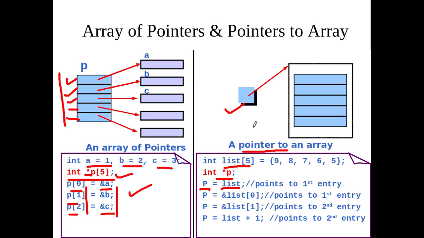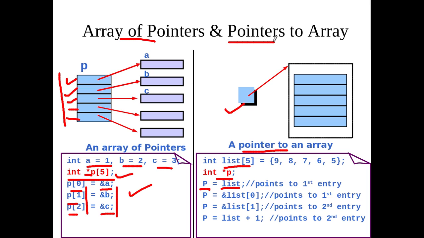So a pointer to an array is basically a single variable that contains the address of some array. So this is the difference between array of pointers and pointer to an array, and it is a very simple difference, but it is confusing to the students, but the concept is very simple.